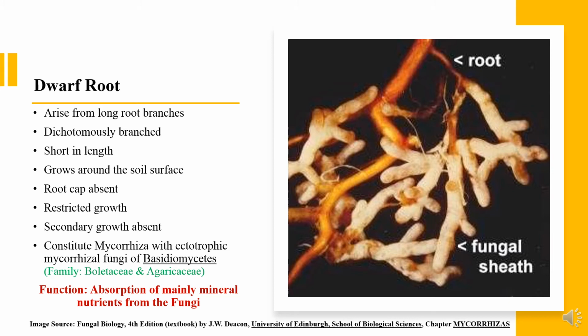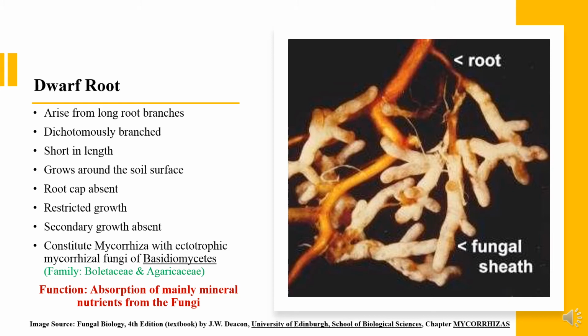Some may enter the cortex, but as the name suggests, they do not penetrate the cortical cells in Pinus roots. They remain in the cell wall space or intercellular space only. The structure hence formed is known as Hartig's net.